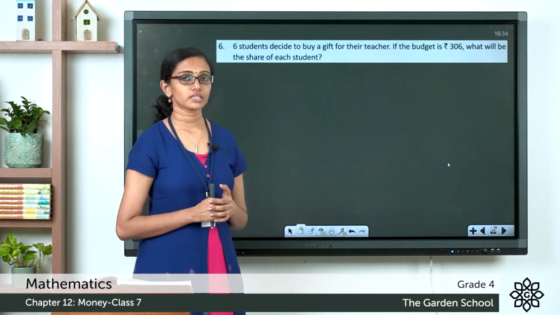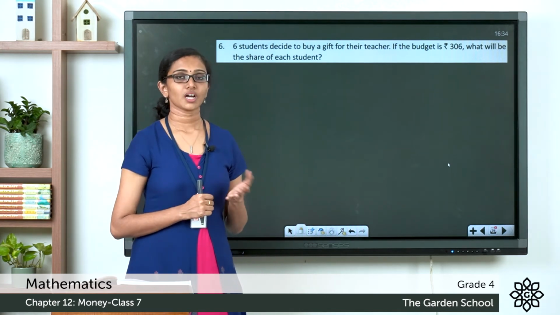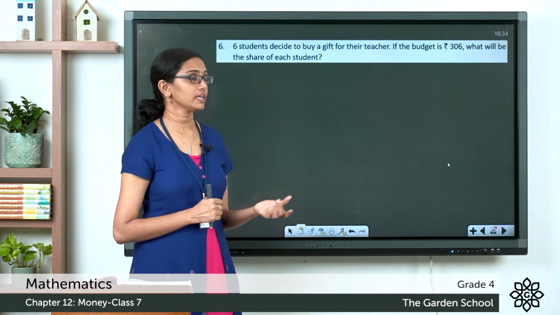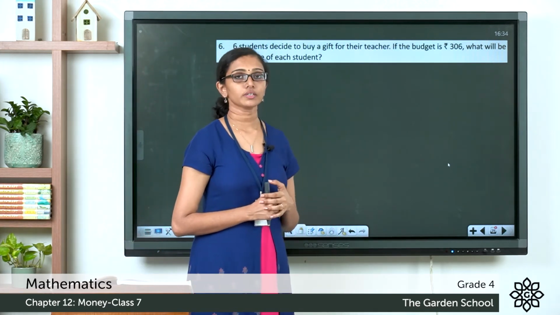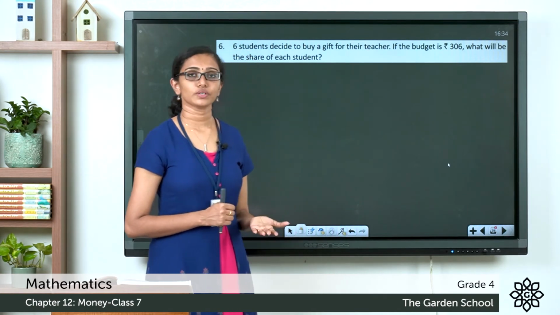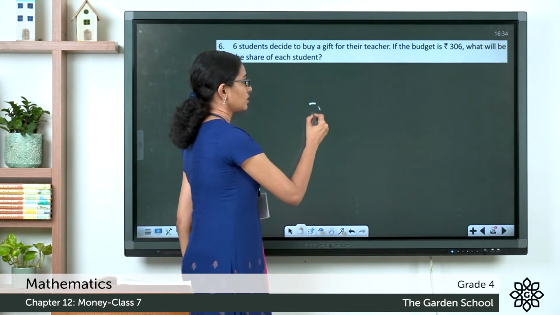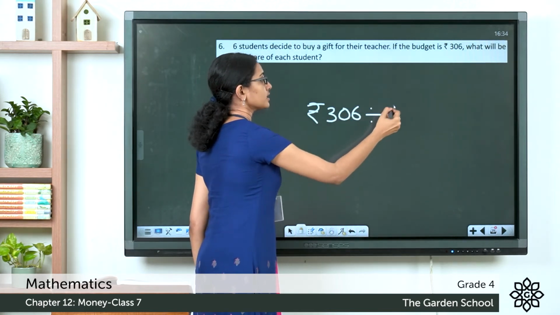And it is also mentioned that there are a total of 6 students in the class. So how do you find out the amount of money that each student should give to collect this total amount? Just divide the total amount needed by the number of students, which means 306 rupee divided by 6.